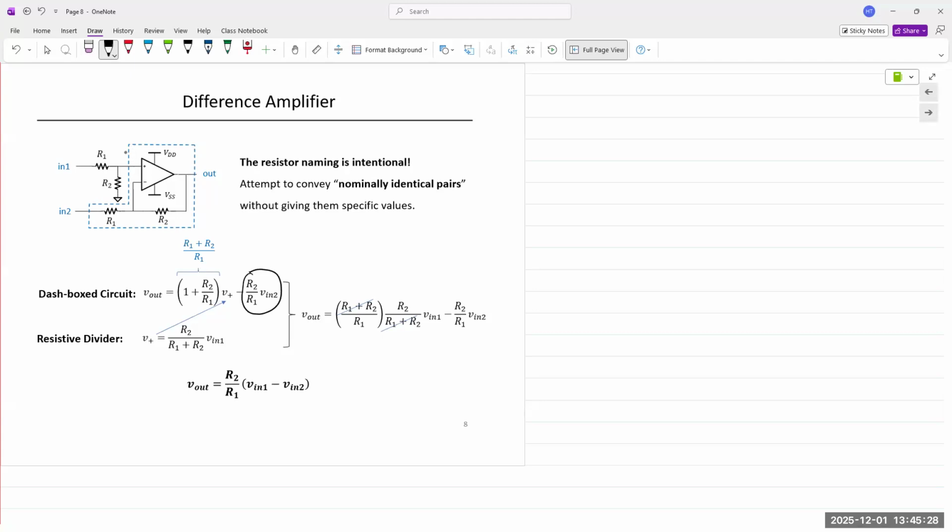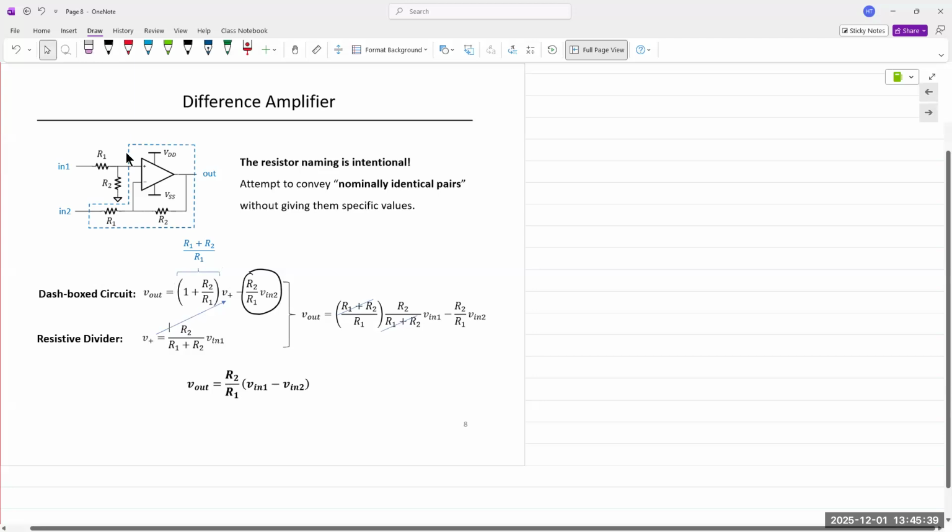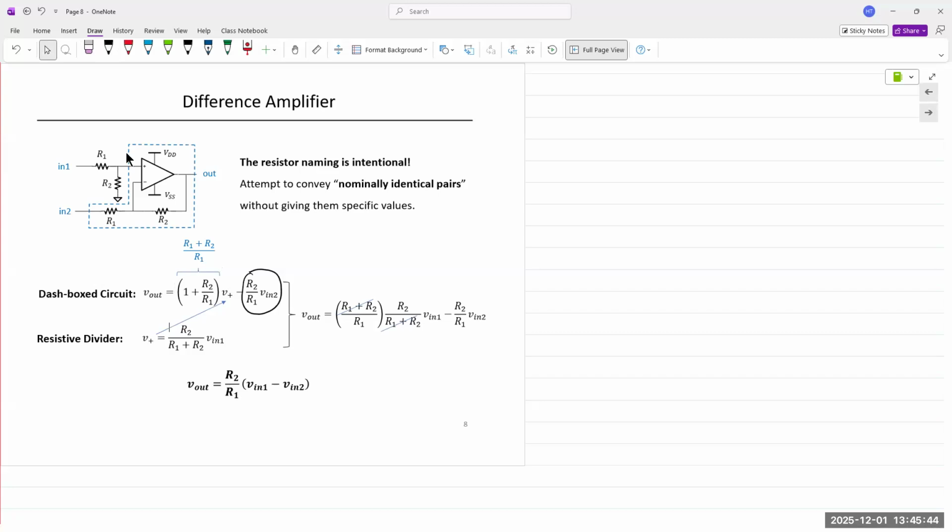And then for the V plus terminal, we have 1 plus R2 over R1. So both circuits, non-inverting as well as inverting amplifier, are combined in one difference amplifier circuit.